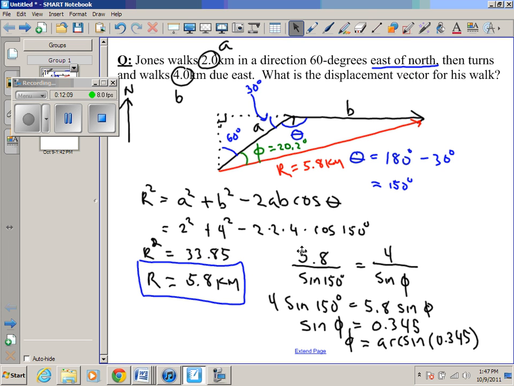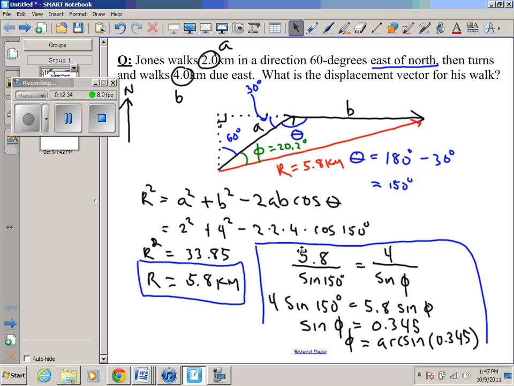So that's a little bit of a primer, an introduction to how you can find the angle of a resultant when you're combining two vectors. We've got the law of cosines, which allowed us to find the magnitude of the resultant vector, and now we use the law of sines to figure out the direction of that vector.